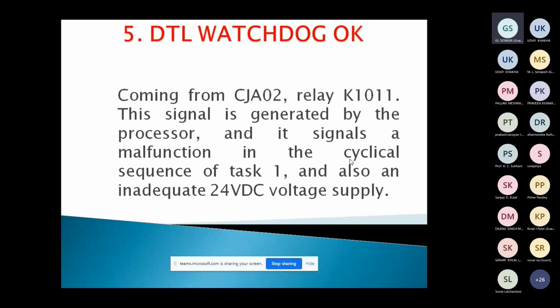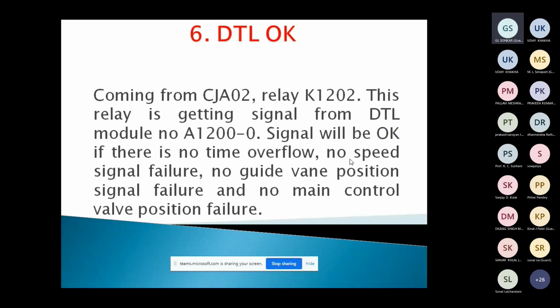See, in a control system, if any malfunction happens, 90% you go for a DC check, whether the supply is adequate or not. The level of DC supply, 12 volts, 24 volts and 48 volts in a hydropower plant, you go and check what type of supply your DTL is getting, whether it is adequate or inadequate. Simple. Control failure means first check the DC supply, adequacy of the DC supply.